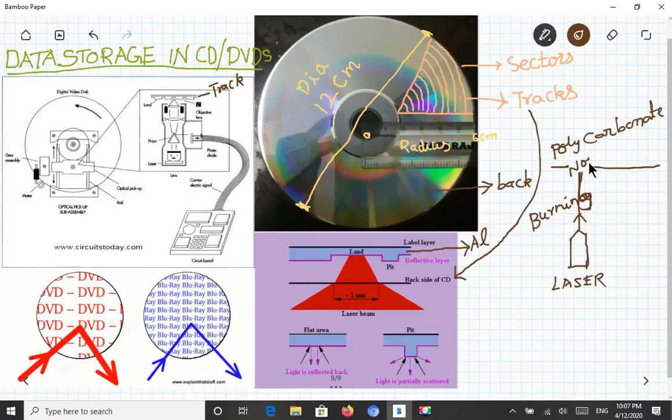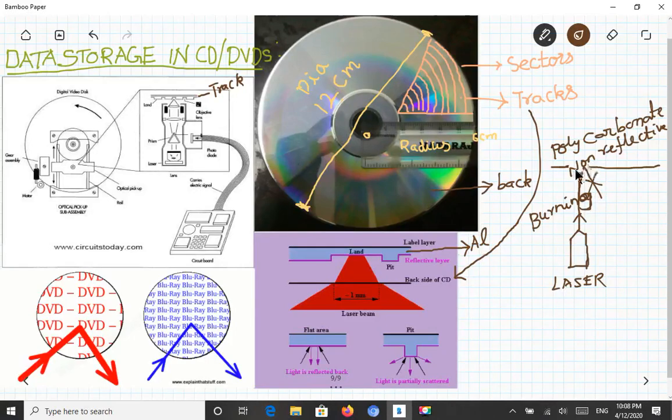This is the layer which is non-reflective. As it is non-reflective, while reading this CD, the light will not get reflected back from this surface. So you won't get any light from the surface.